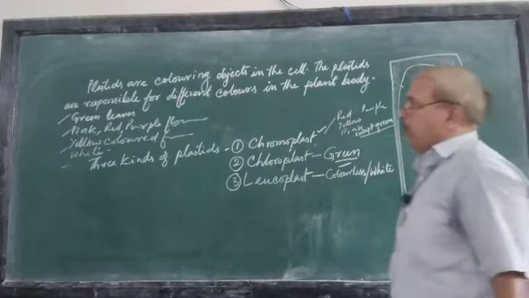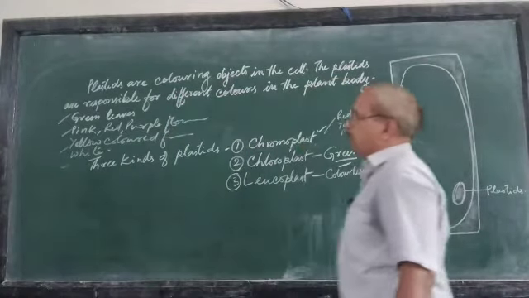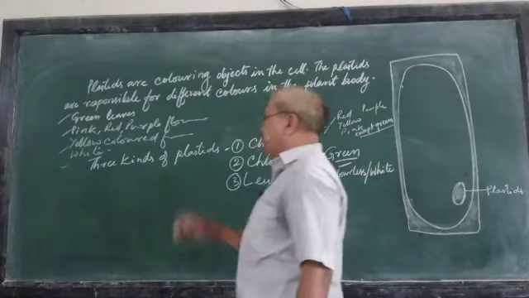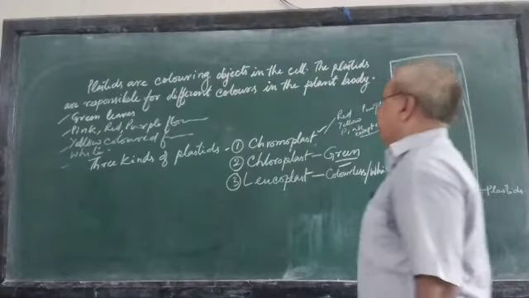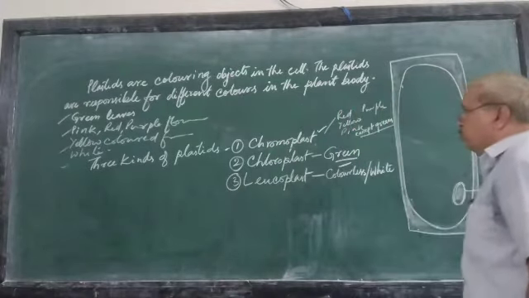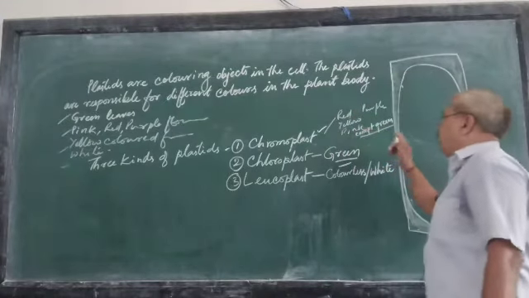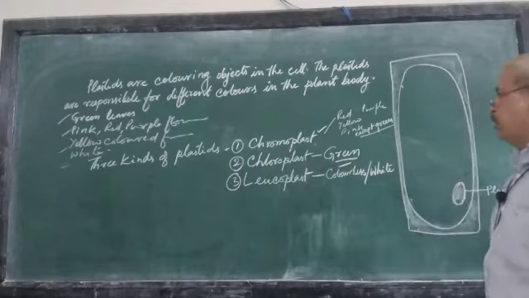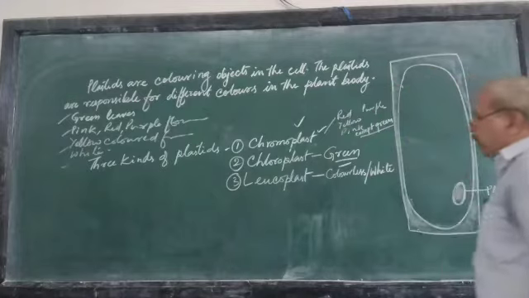So green colored leaves, pink, red, purple colored flowers, yellow colored fruits, white colored flowers. Depending on what kind of color a particular plastid provides, we have classified the plastids. All those plastids which give red, purple, yellow, pink, all other colors except green and white, we name chromoplasts.